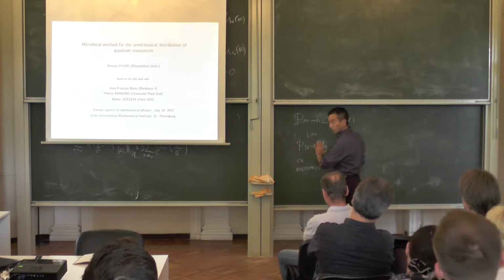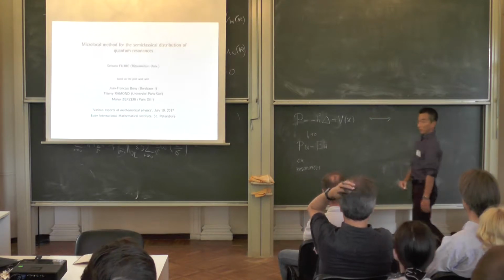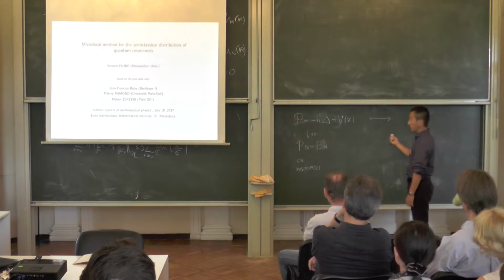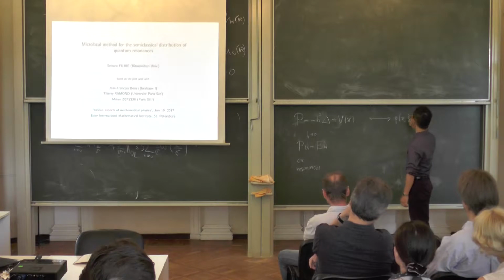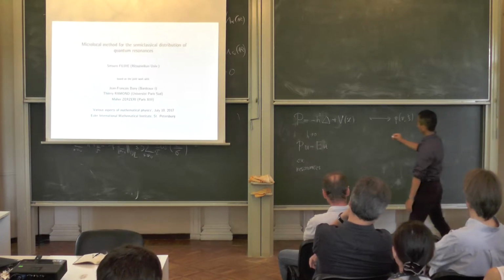And I compare this result with the underlying classical mechanics, which is described by the classical Hamiltonian, which I write with small p, which is a function of x and xi.